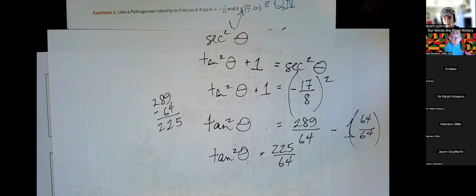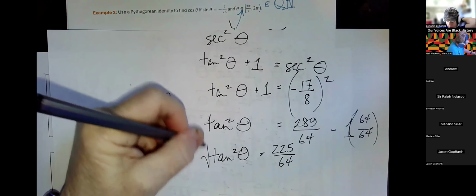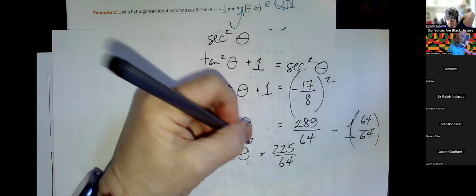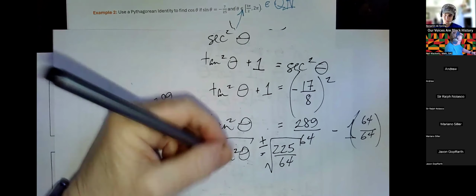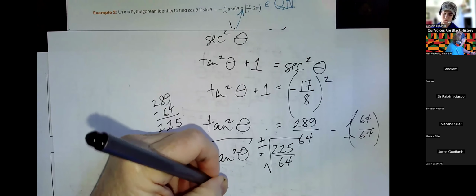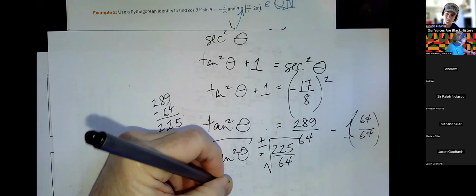And now what? We take the square root of both sides. And don't forget the plus or minus. Good. So the tangent of theta is plus or minus. I remember that the square root of 64 is 8.